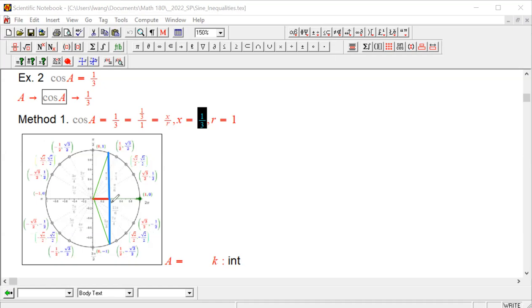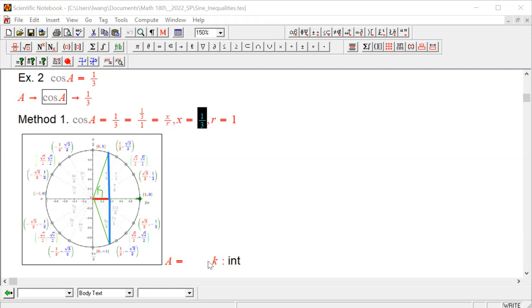So next, how do we represent this angle? Well, these two angles are opposite to each other. If we can represent one, we can represent the other. And this angle can be represented by arc cosine.